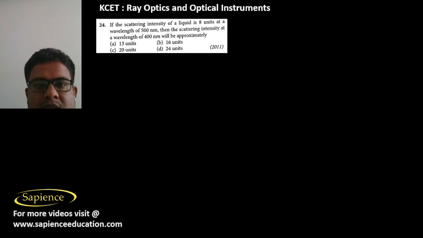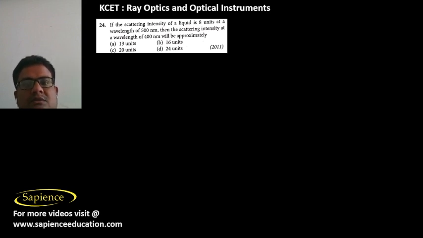If the scattering intensity of a liquid is 8 units at a wavelength of 500 nanometers, then the scattering intensity at a wavelength of 400 nanometers will be approximately?